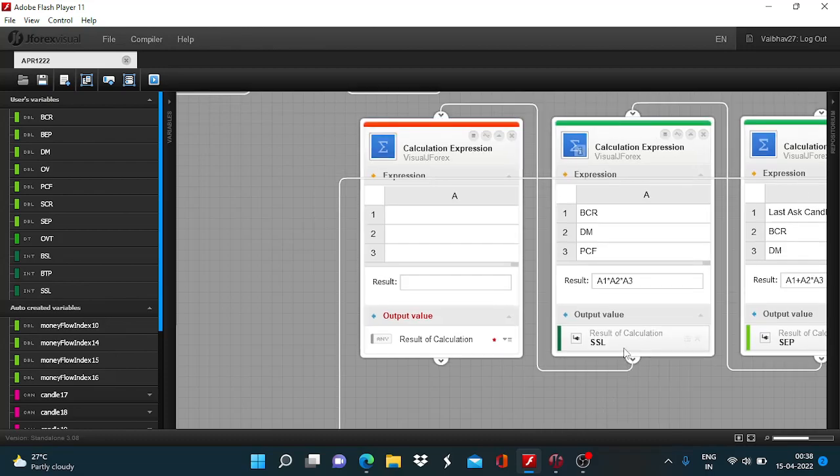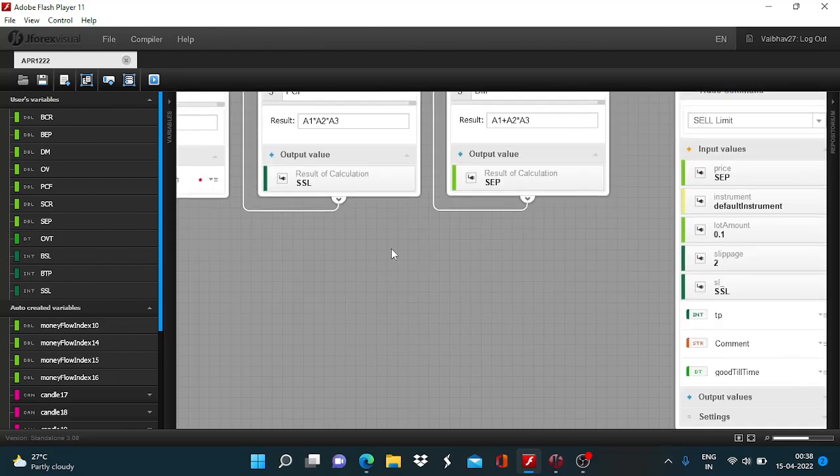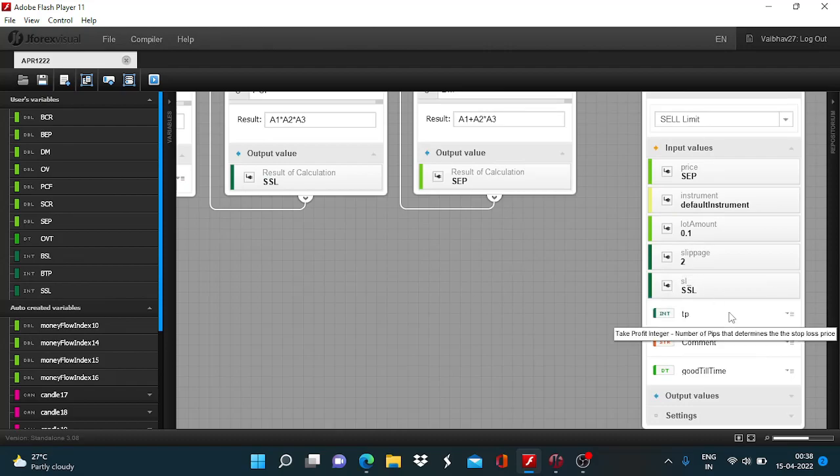And whatever is the stop loss, we will simply multiply it with 2 to arrive at the take profit to make the risk reward ratio 1:2. So this will be A1 into A2. And this will be assigned to this newly created variable.